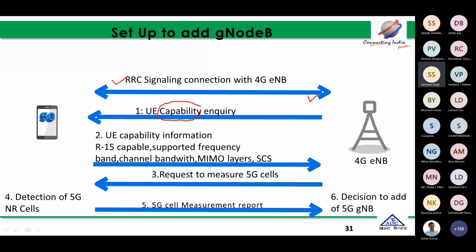And after measuring and detecting the NR cell, and measuring the RSRP, SS-RSRP, by the 5G UE, they send the measurement report to the master node, the 4G node B, to take the decision to add 5G.